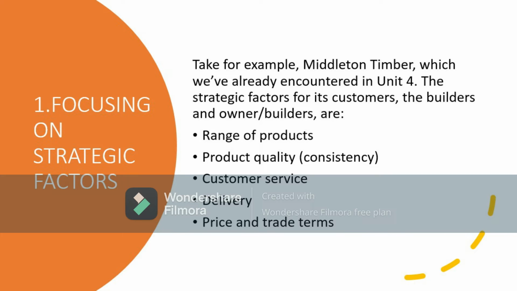A second route it can take to monitor performance involves tracking the strategic factors identified in its strategy: range of products, product quality, delivery, and price. So, this second route entails developing key performance indicators and targets on these strategic factors, and this is a breakthrough.